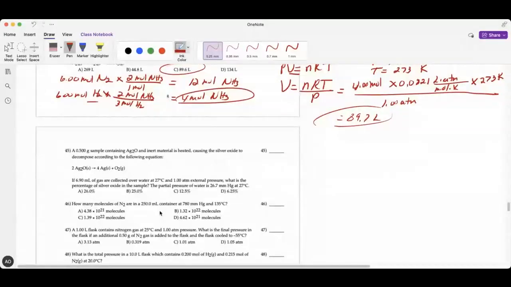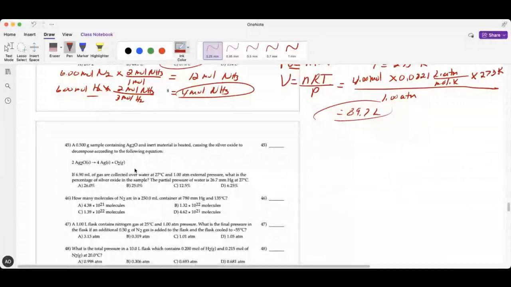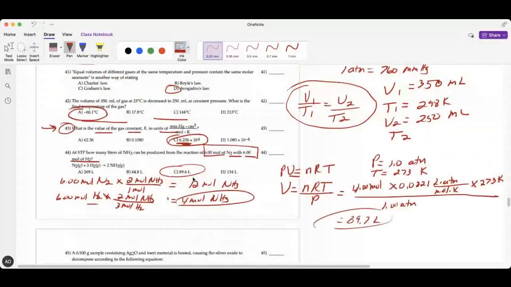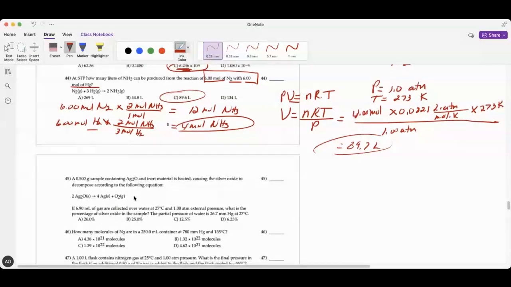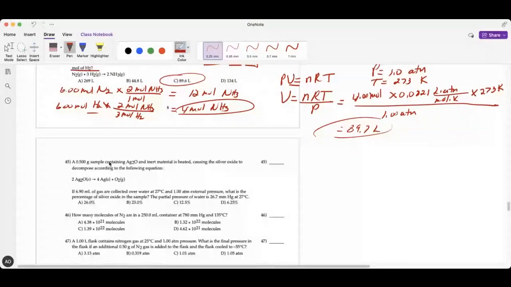Okay, this one here. We have a 0.5 gram sample of silver oxide.